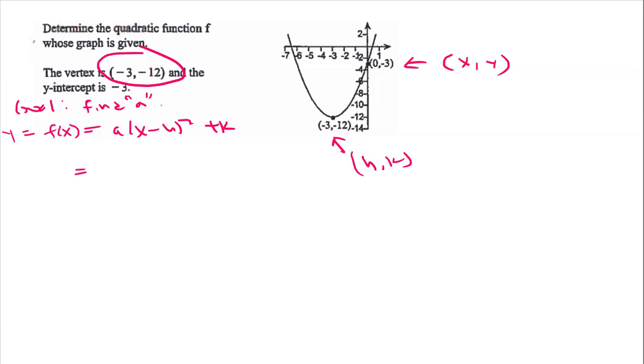So in this case, we already know our y and x values kind of come from 0, -3 from our intercept. So we're going to have -3 is equal to a, again, looking for a, and then x is going to be 0, and then minus h will give us -3.